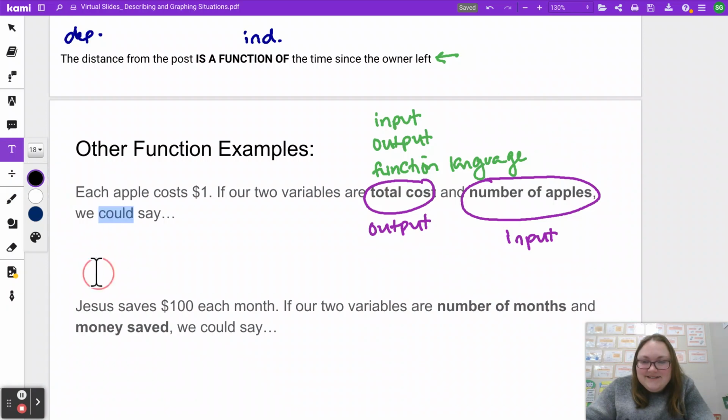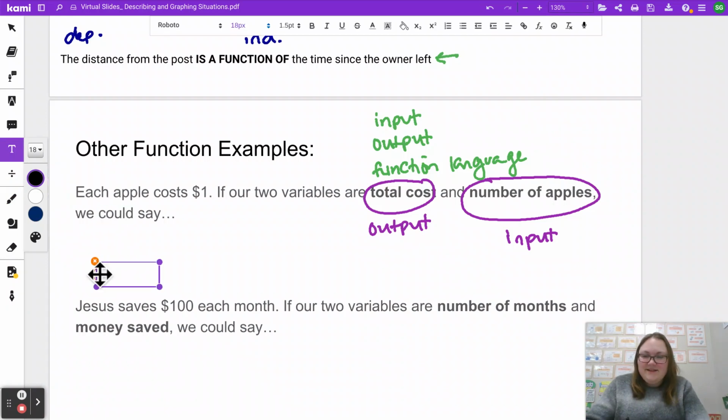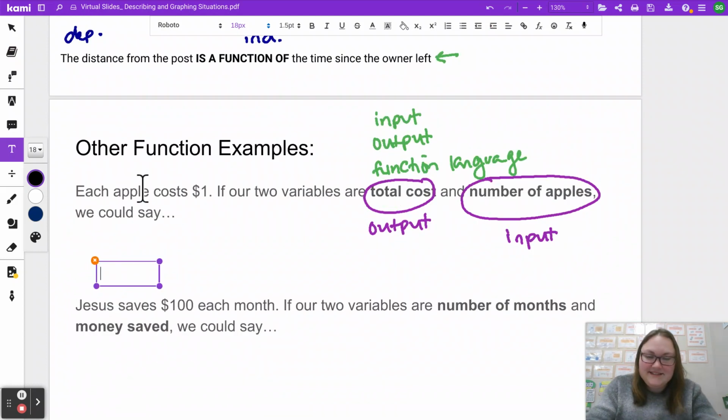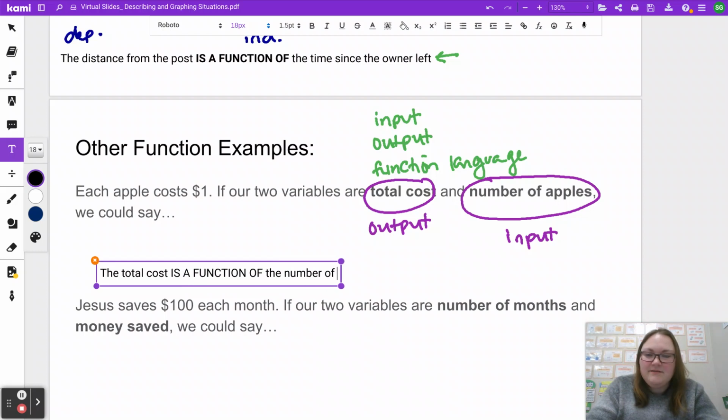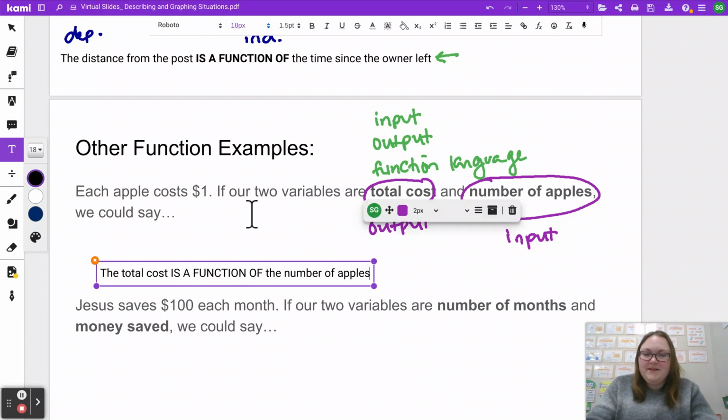The sentence is going to say then, since our output comes first in the sentence, the total cost is a function of the input, is a function of the number of apples.